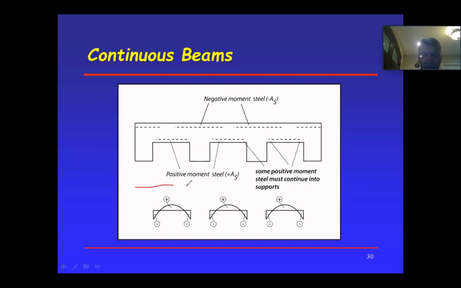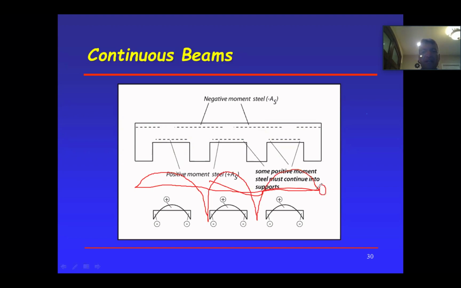So another moment diagram, like the way I assumed in the project, is pin supported. This is always on the conservative side. If it is pin supported, then the moment diagram looks like this. You don't have a moment at the end. Then you have this right there. See that?